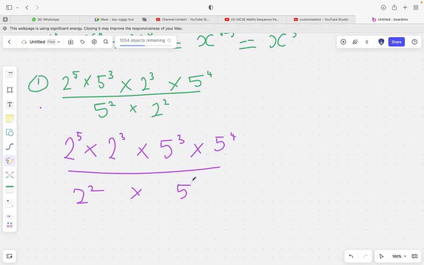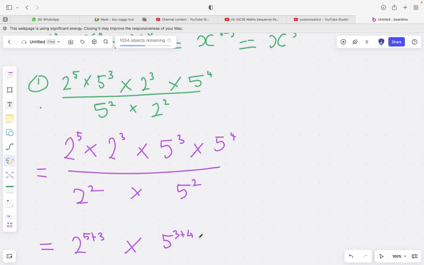So let's move to the next step for this question. The next step is, these are the same bases, so you say 2 to the power of 5 plus 3, that times 5 to the power of 3 plus 4, right?